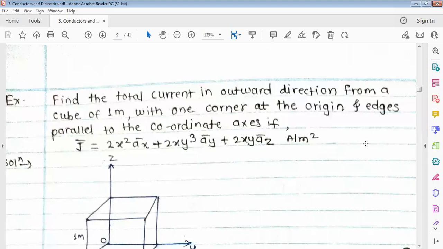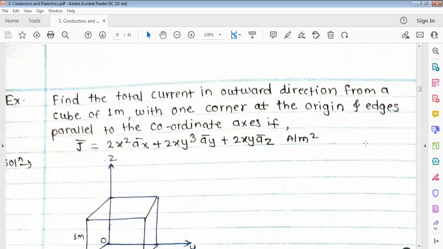What is the formula to find current I? Anyone? Prajakta? How to find current I?